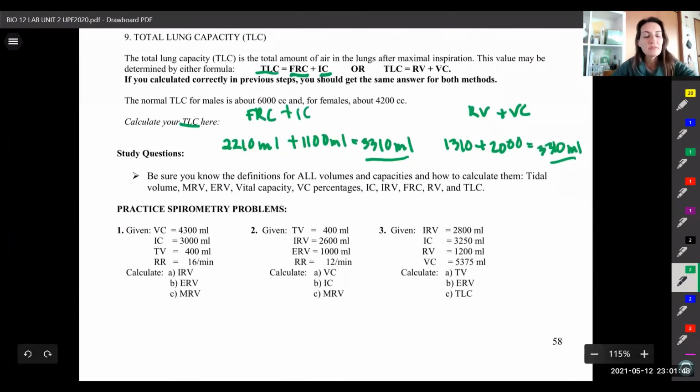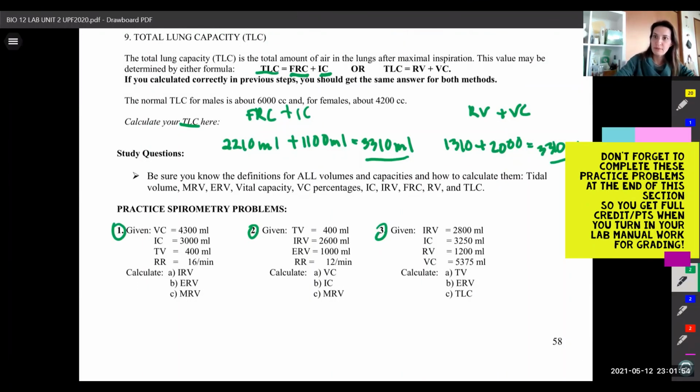These were the practice problems I was referring to earlier, where you're given certain capacity values and volume values. This RR refers to the respiration rate, the breathing rate, so 16 breaths per minute, for example. And then you're asked to use that information to help you calculate different volumes or capacities.